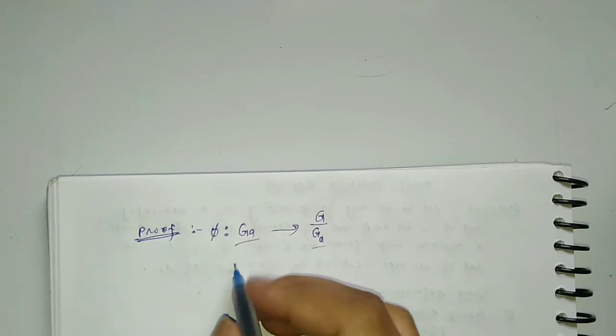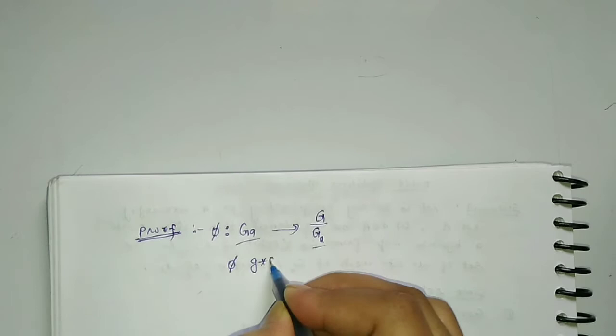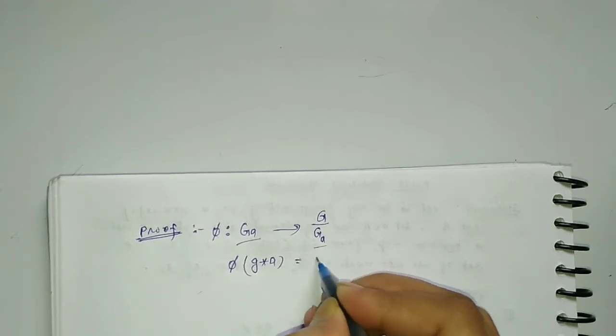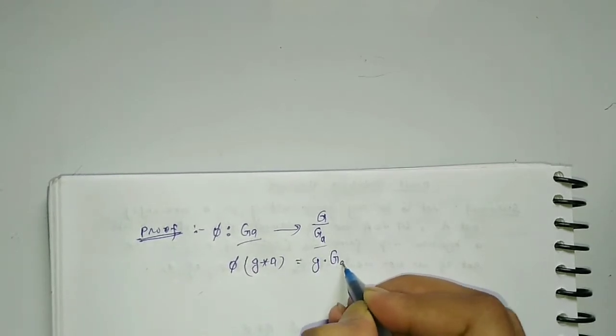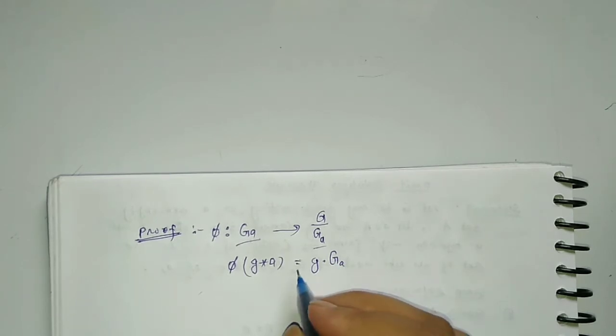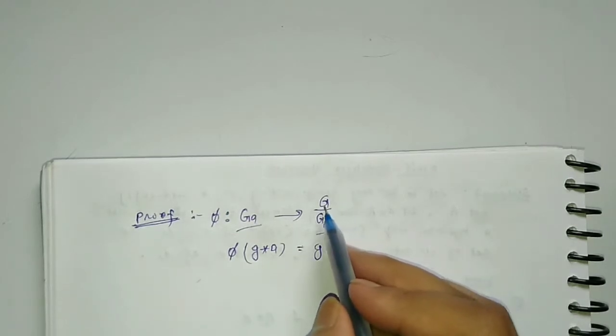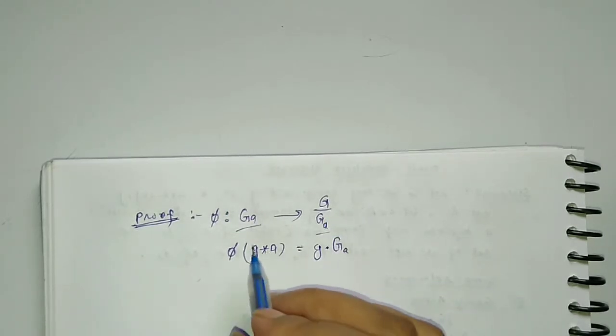Now let phi be defined as phi of g star a is equal to g dot Ga. It is a left coset of Ga, and dot is a binary operation of this group G, and star is a group action.